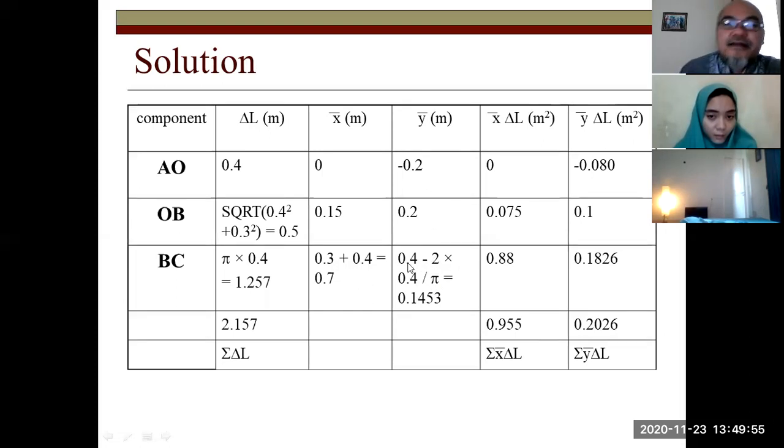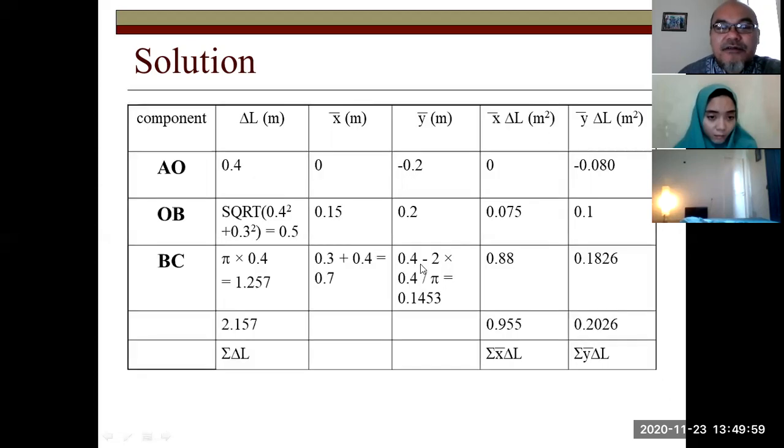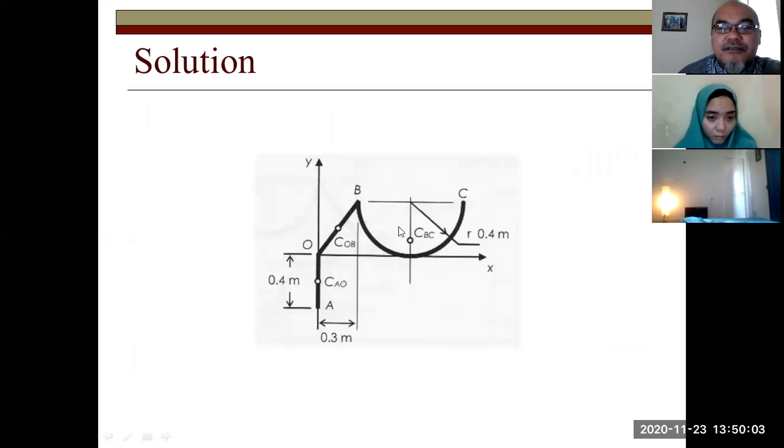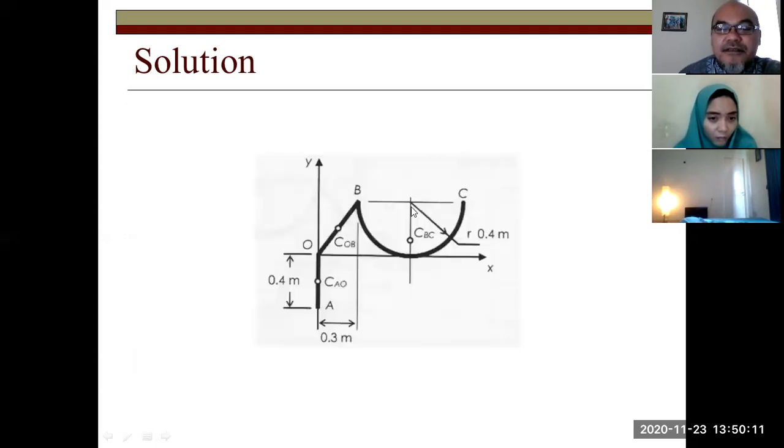Now y equals 0.4 minus this coordinate, which is 2 times the radius divided by pi. Let's check again if it is correct.